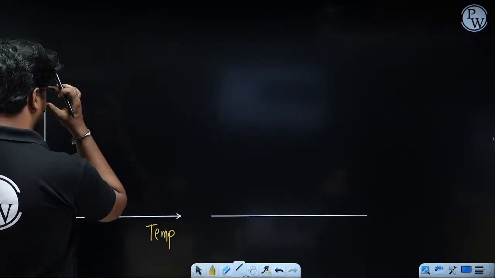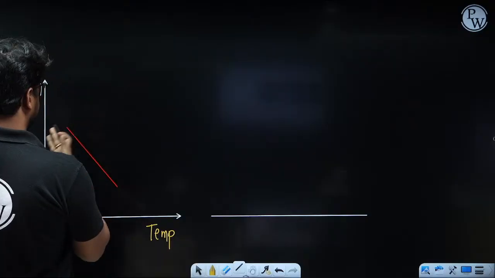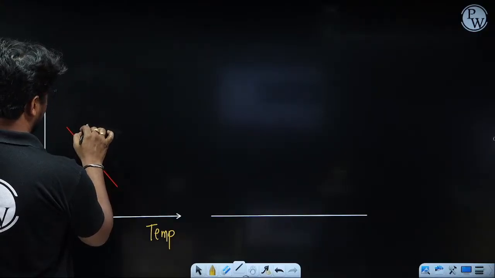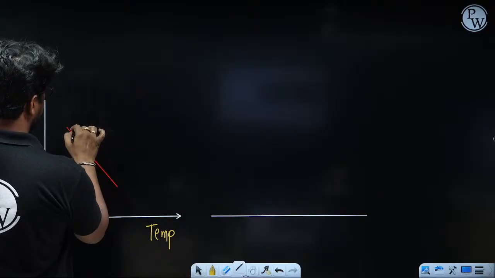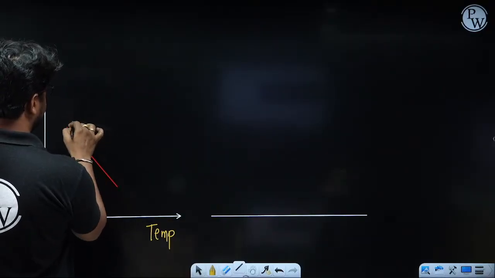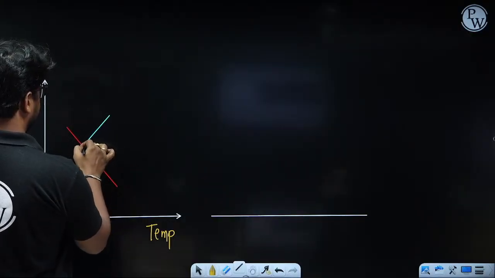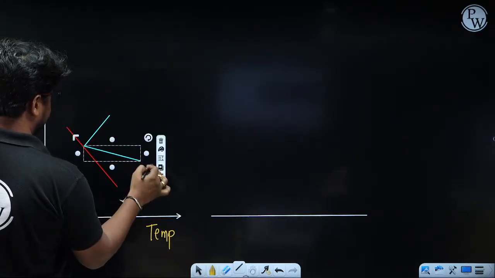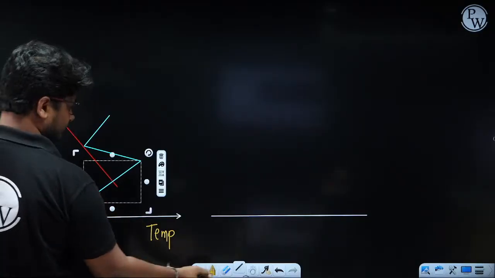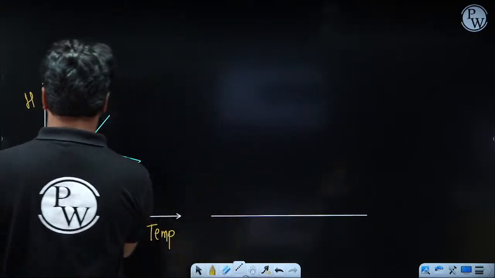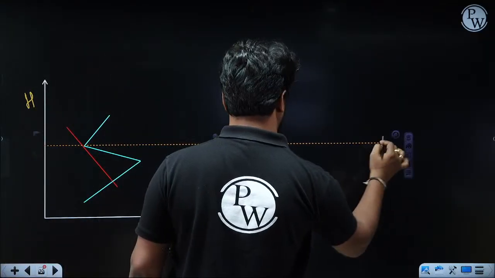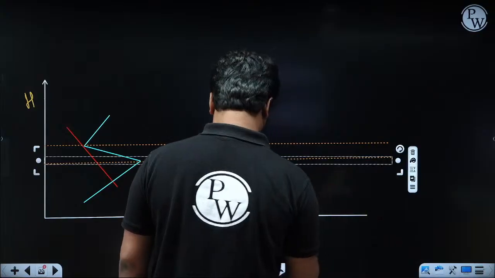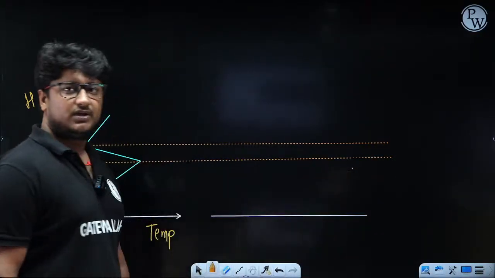Now if you see the condition here, this time if you notice, three different layers are formed.